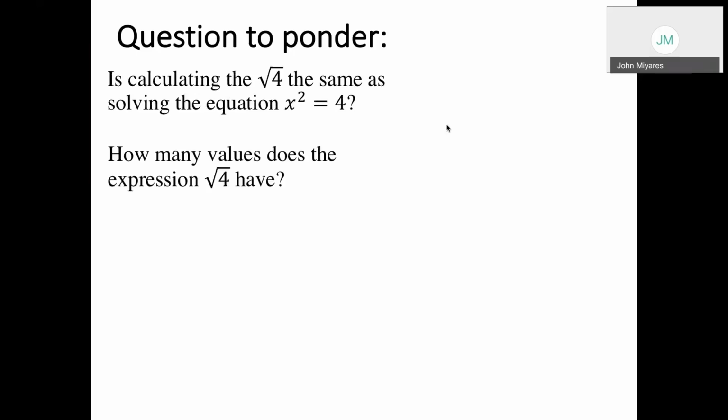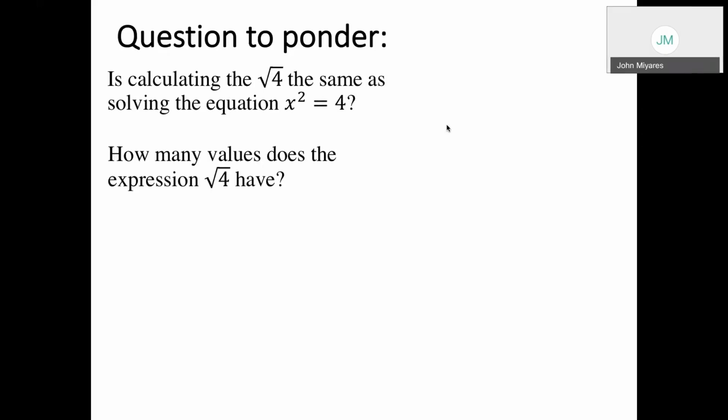If you were asked the question directly, what is the square root of 4? You're going to tell me that the answer is 2. Some of you might also say, well, what about negative 2? And while negative 2 is a square root of the number 4, it is not the square root of 4.